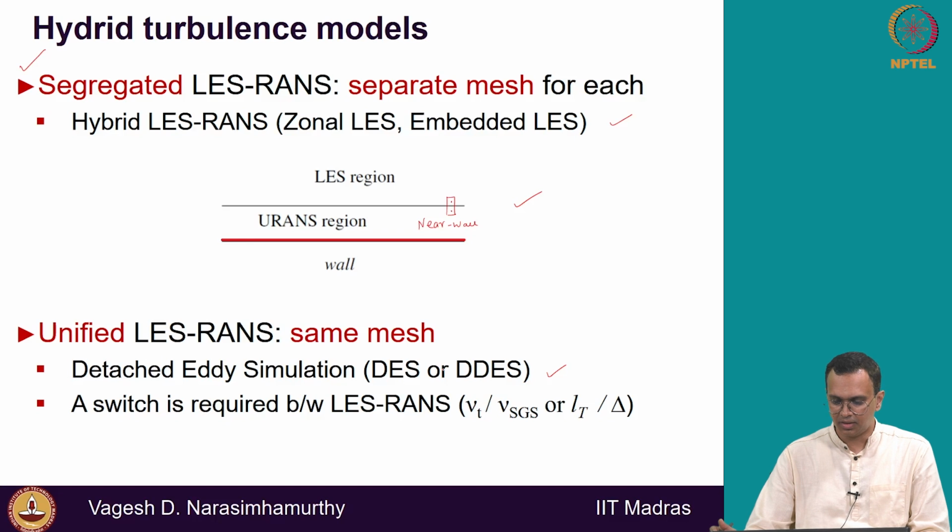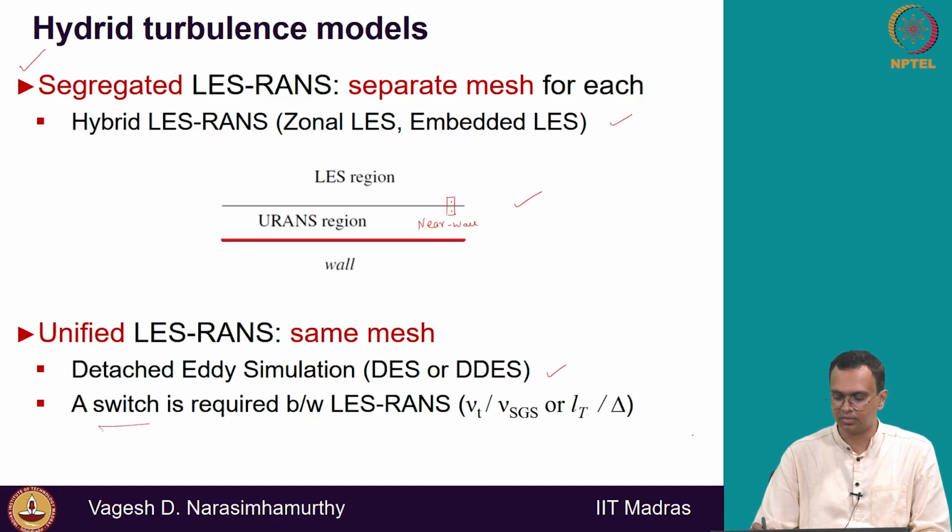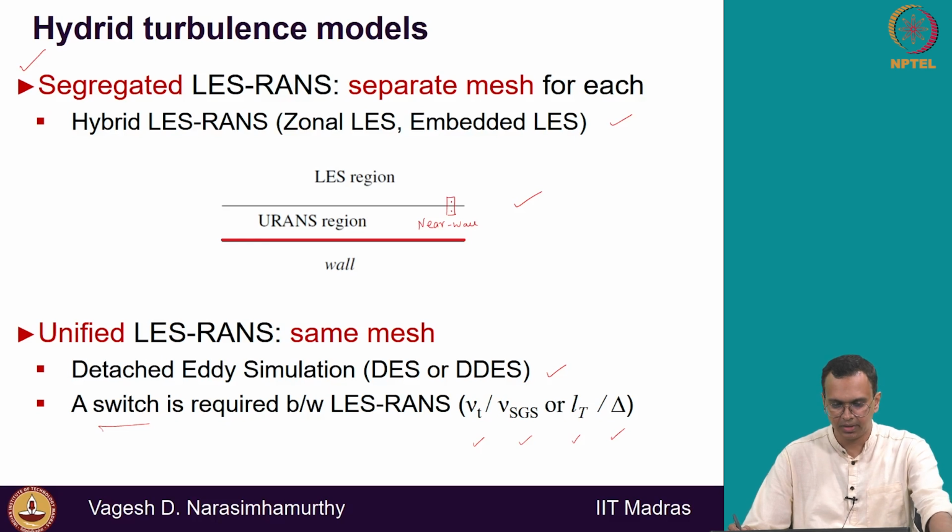Here, of course, a switch is required for going from LES to RANS, because you are going to use the same mesh. So which one you are going to use: eddy viscosity or an SGS viscosity, or a turbulent length scale coming from the eddy viscosity model, or the filter size. This switch is required. Essentially you have two ideas now in the hybrid.